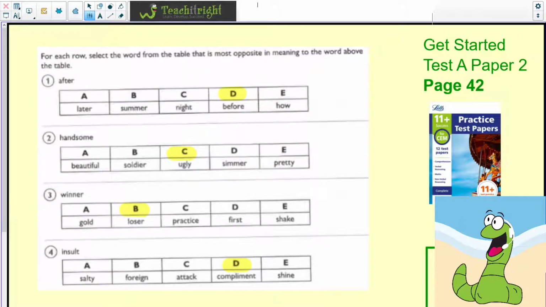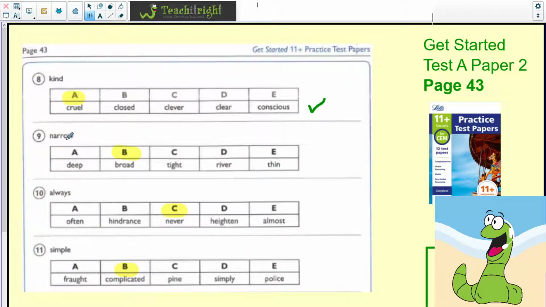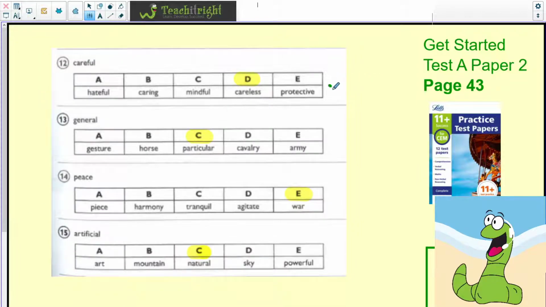And we've got after and before, handsome and ugly, winner and loser, insult and compliment, allow and forbid, lack and abundance, abundance meaning a lot of something, junior and senior, kind and cruel, narrow and broad, broad meaning to be wide, always and never, simple and complicated, complicated being hard or challenging, careful and careless, general and particular, peace and war, and artificial and natural.